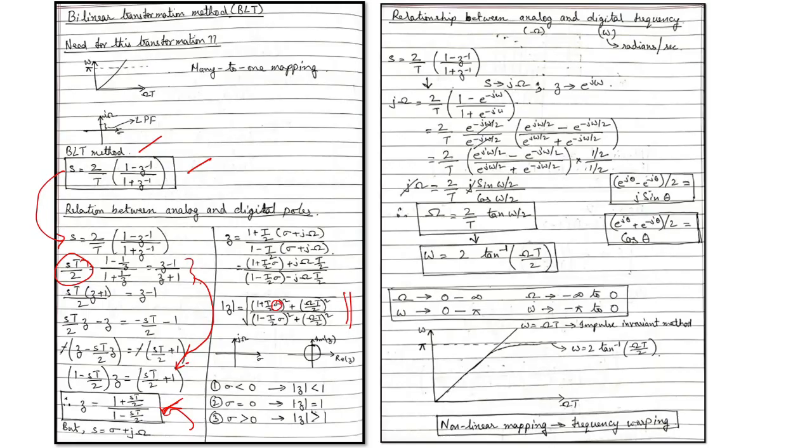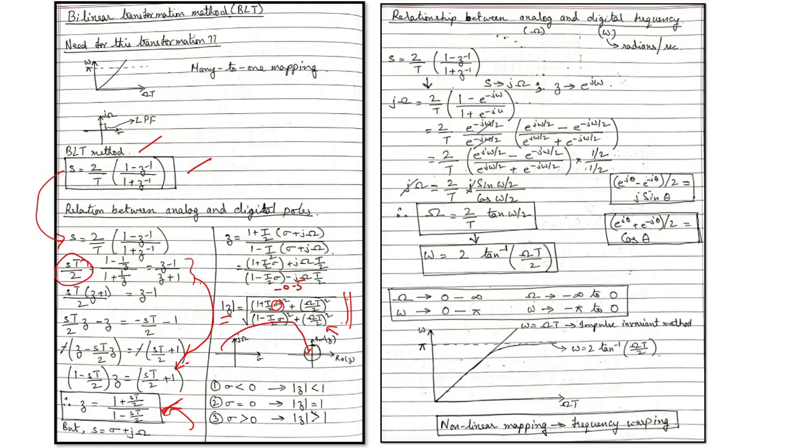If it is negative, say minus 0.5 for example, then 1 minus something comes in the numerator divided by 1 plus something, so the denominator will be higher. Since the denominator is higher, the modulus of z will be less than 1, so our left half is mapping within the unit circle.